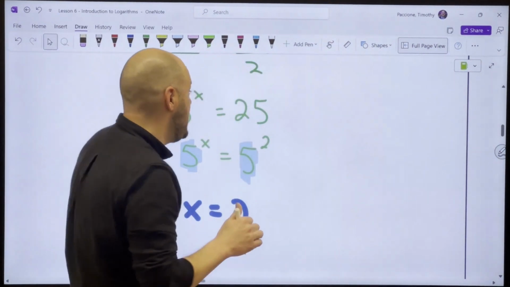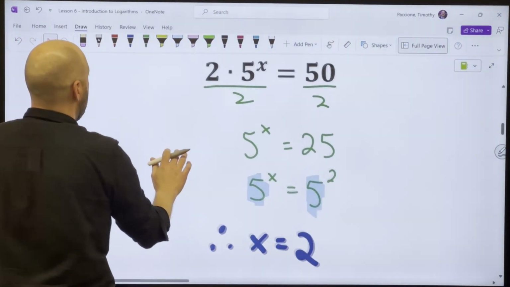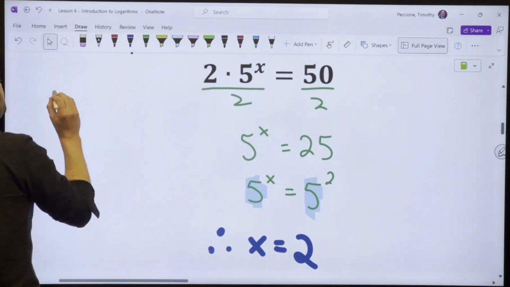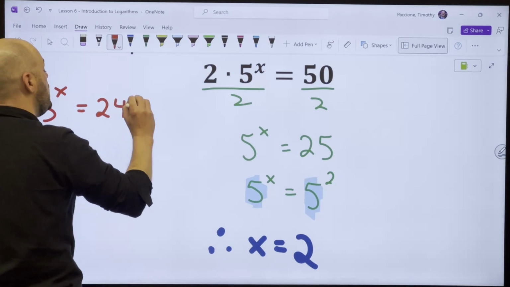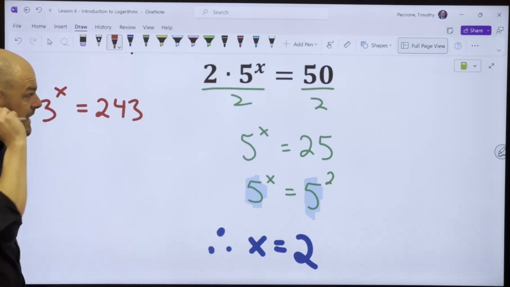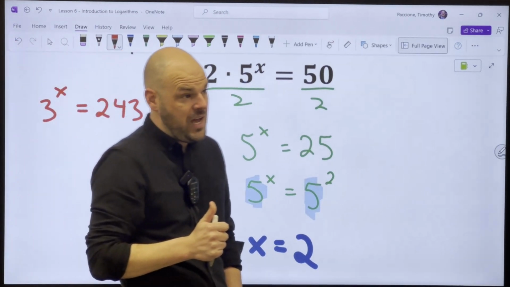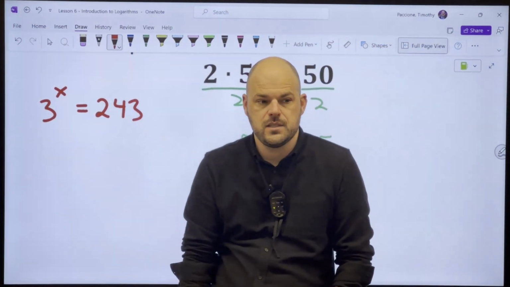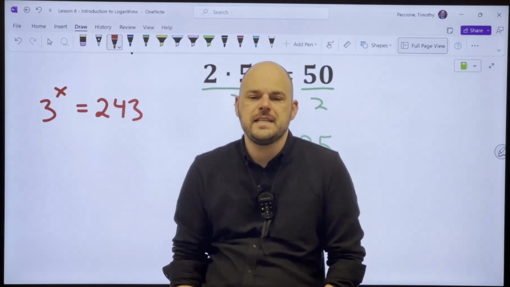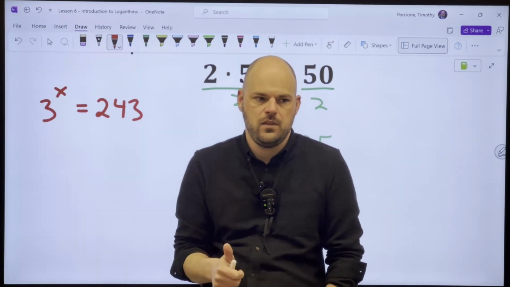Then there's a little bit less of a kind problem where you were like, I don't know, 3 to the x equals 243. And it's not as easy as 5 squared is 25 that you know by heart. You might not know what that is. But it's still kind in that you can get there, right?